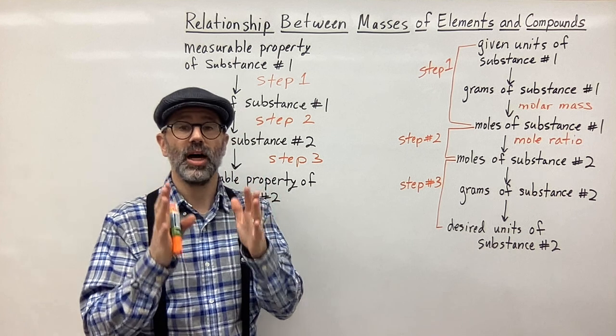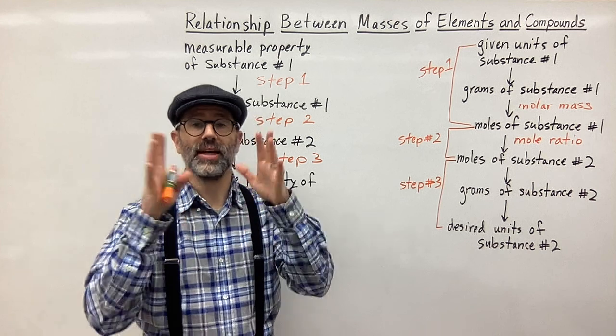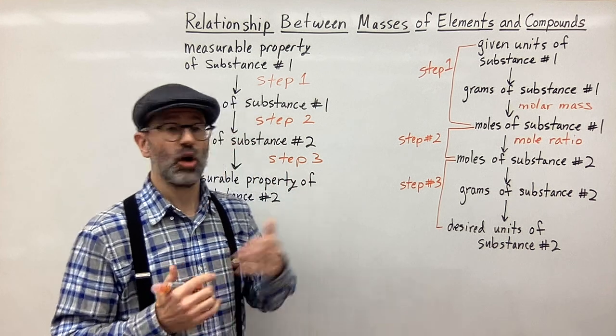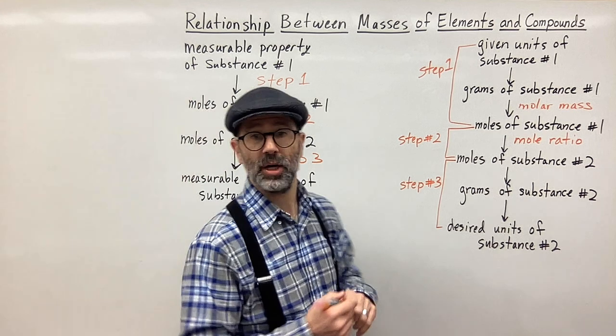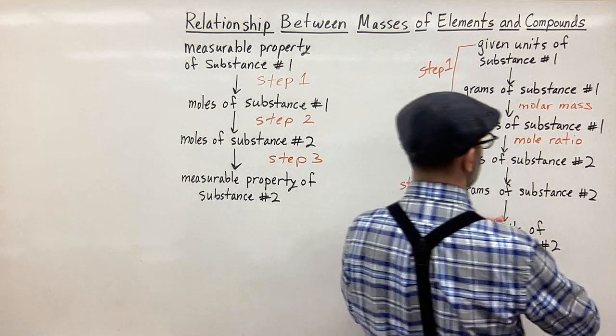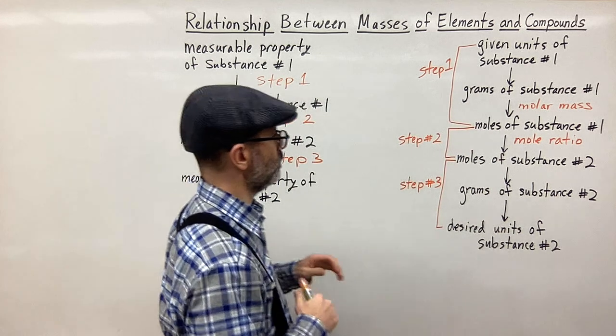The formula of the compound gives you the mole ratio between the compound and the element in the compound. So that's where the mole ratio is going to come from, the ratio in the formula. I'll show an example of that in a moment.